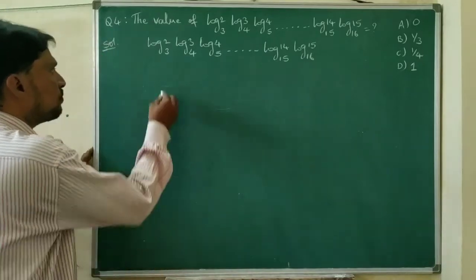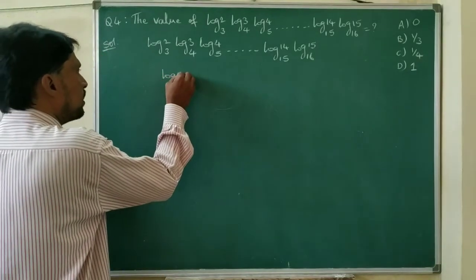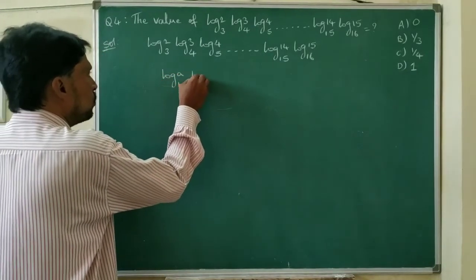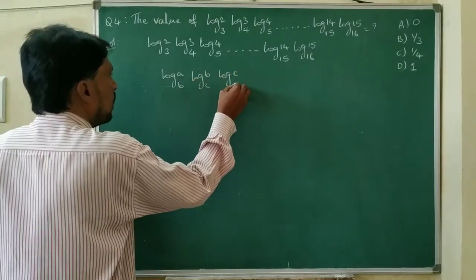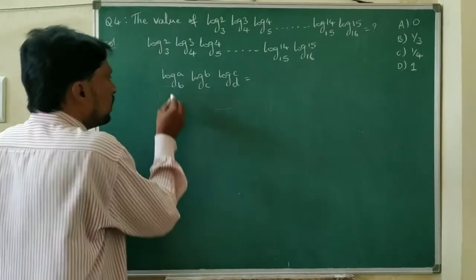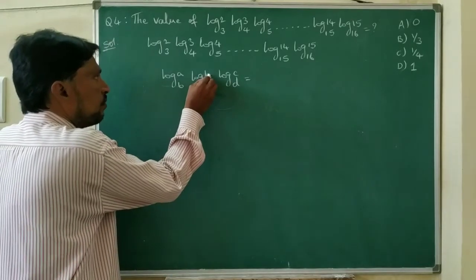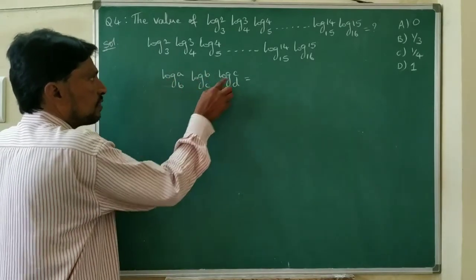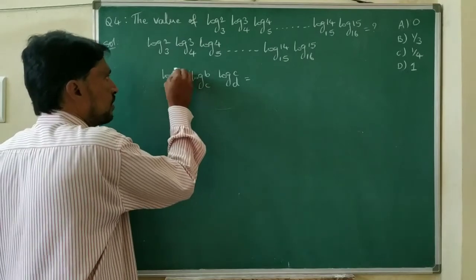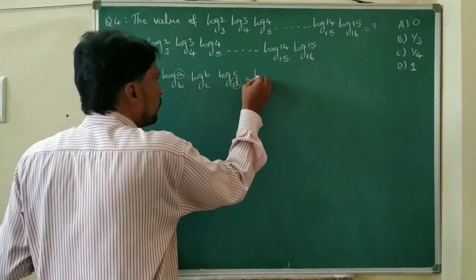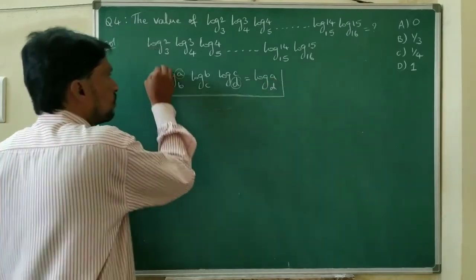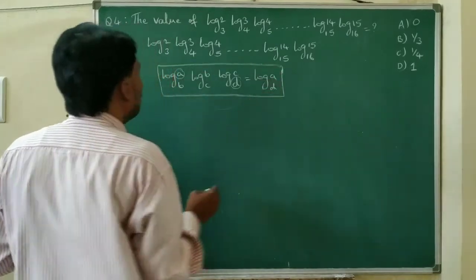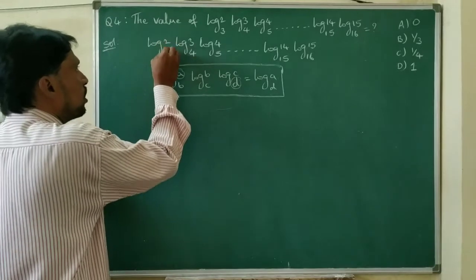It is of the form log a base b into log b base c into log c base d. Here the base and the next value are the same, so we can combine these logs and take log a base d.